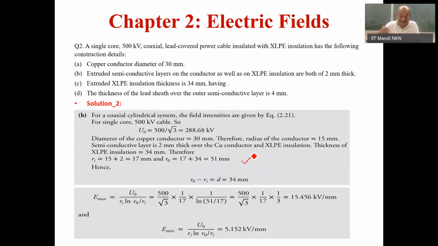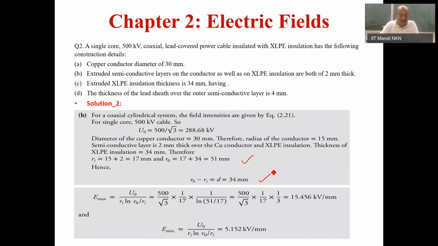So hence D, the thickness of insulation, is RO minus RI, which is also given as 34 millimeter. So Emax, you know, is U naught upon Ri ln Ro by Ri, that is, the maximum field intensity is at the inner radius of the insulation.